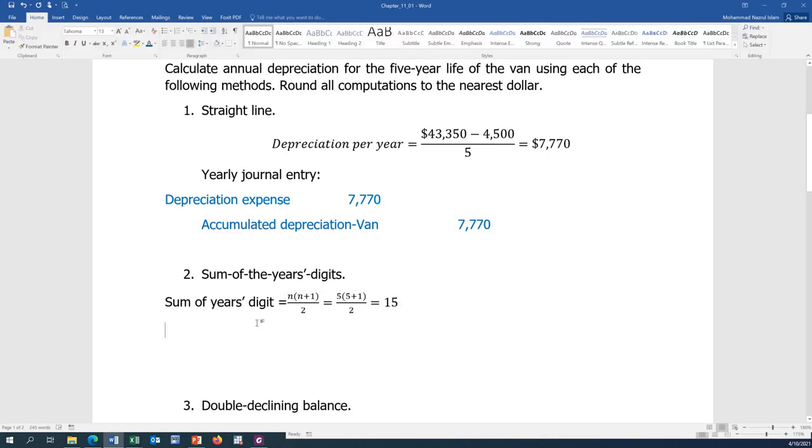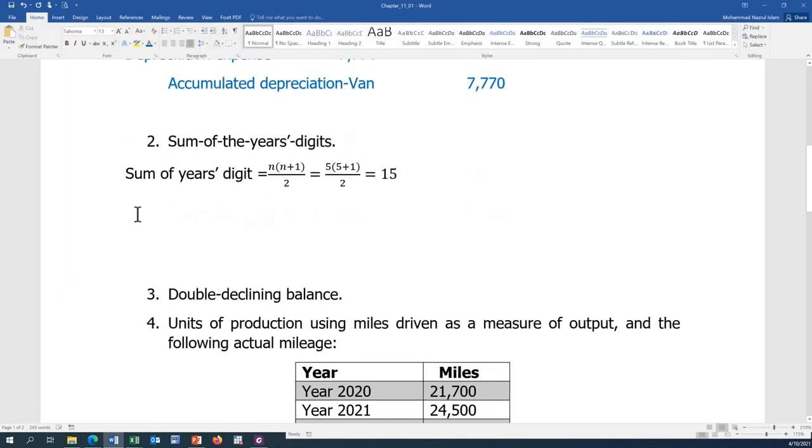One interesting thing is that the first year's depreciation rate would be equal to 5 over 15.